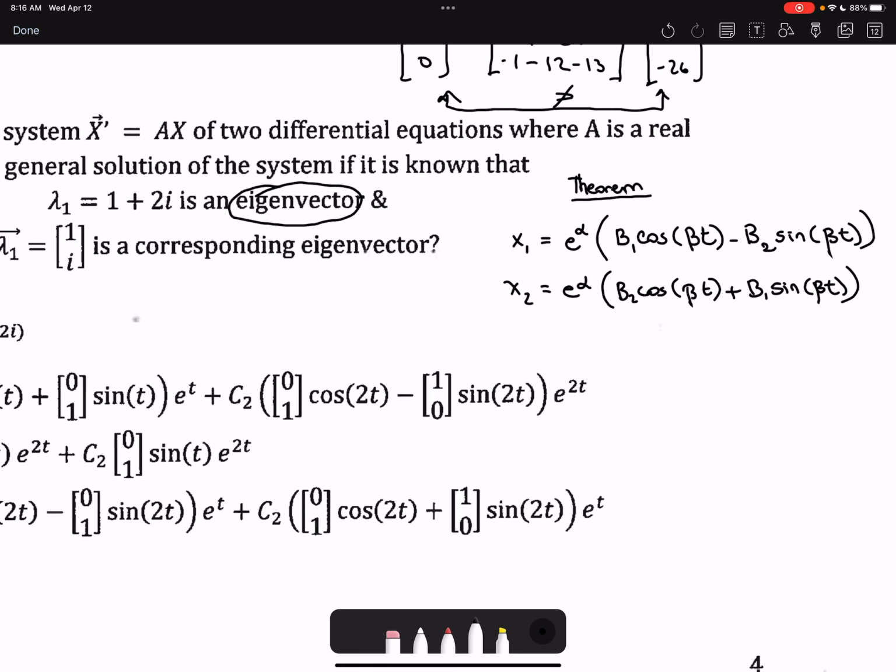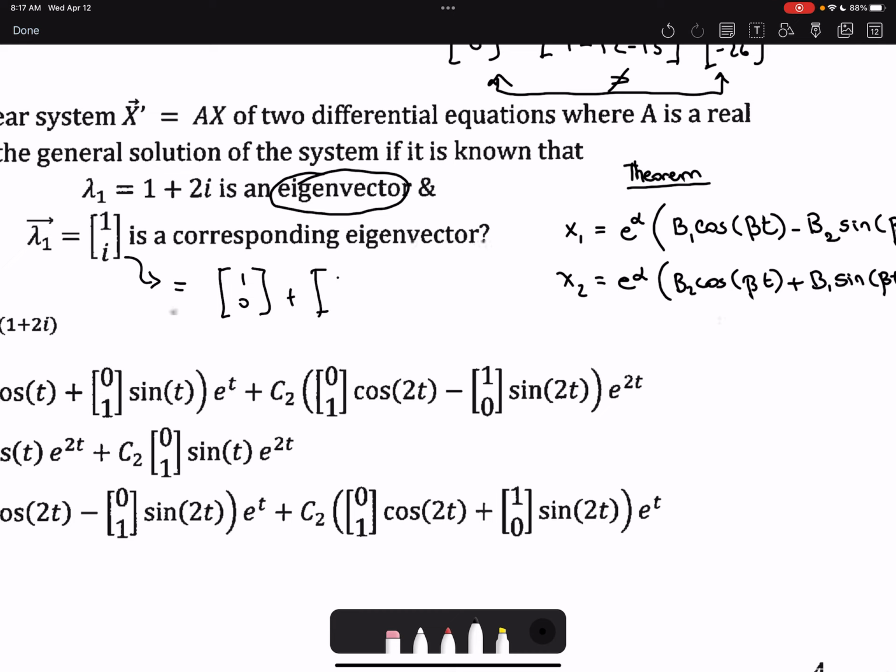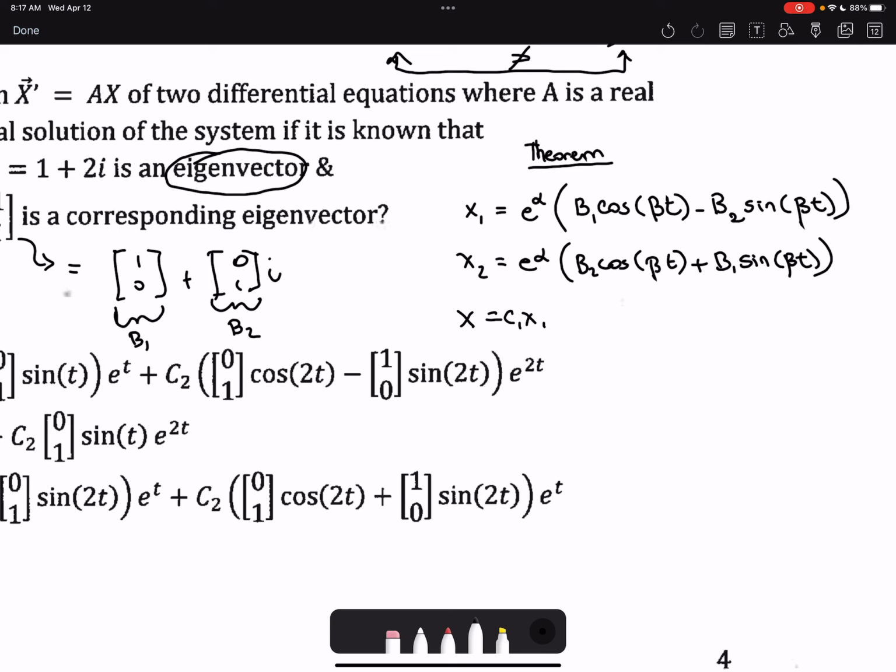So if you remember, this vector is the same thing as (1, 0) plus i times (0, 1), where this is b2, the imaginary part coefficient, and this is b1, the real part. If I want to write a general solution, it's going to be a linear combination of these two solutions.